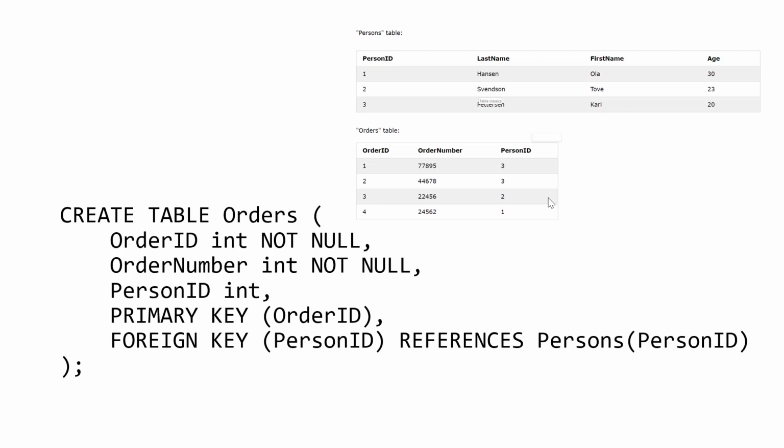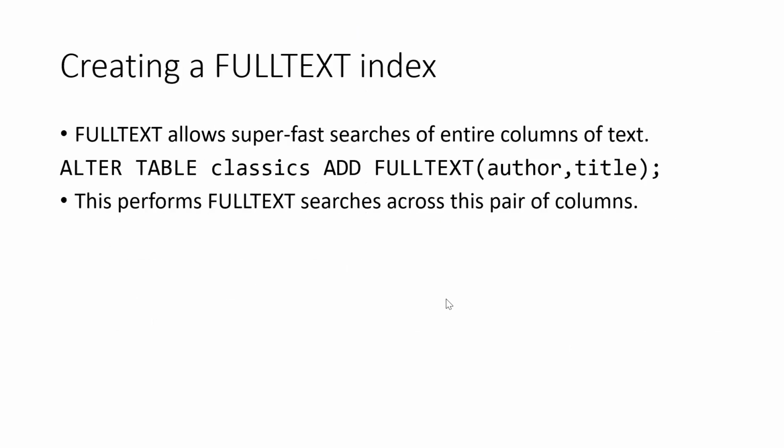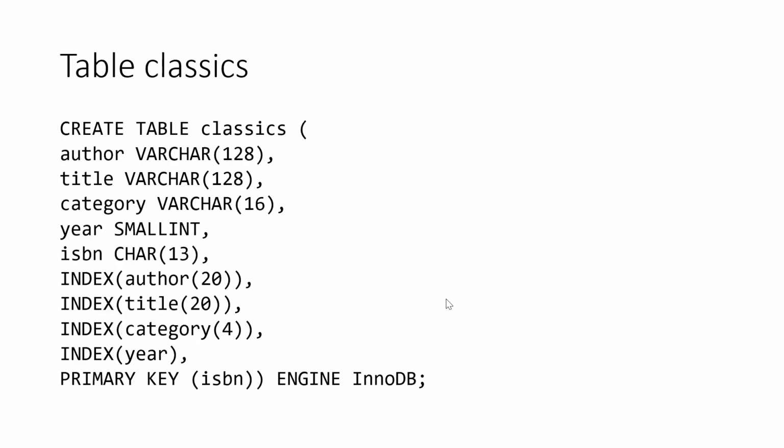Now I want you to create another table where you keep track of person information and also, let's say, loan information. Right now we have a table classics, which has author, title, category, and year.